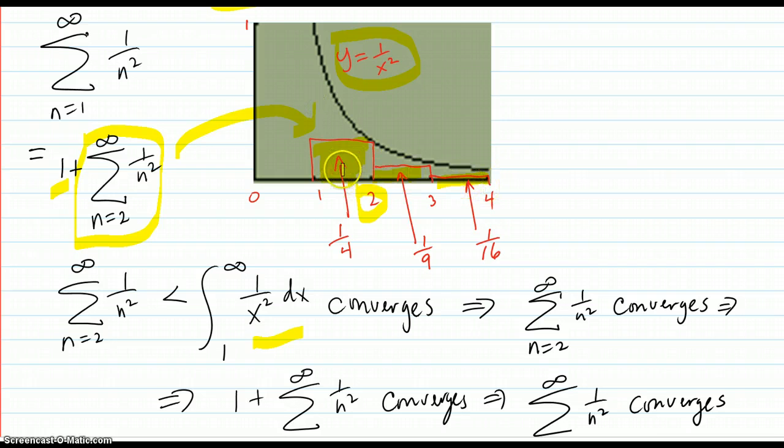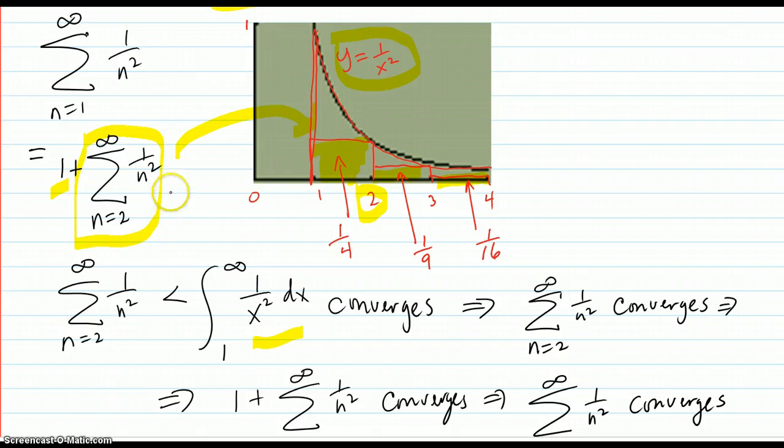You can see they're clearly under the curve. Here's the whole integral under the 1 over x squared function from 1 to infinity, and you can see that that area is greater than our series area.